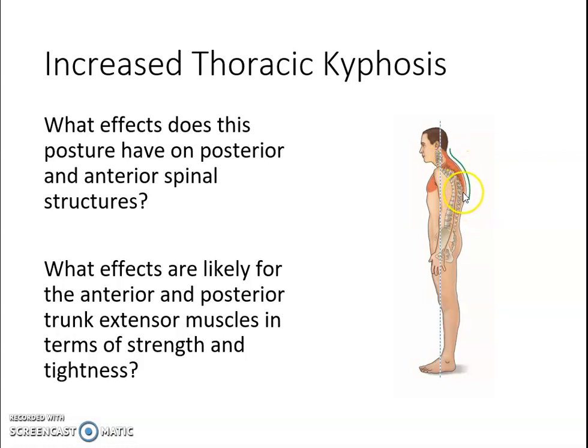With the increased thoracic kyphosis, the posterior thoracic muscles become stretched and they don't have enough strength to keep the scapula in the correct posture, and eventually it will lead to reduced strength of the shoulder.